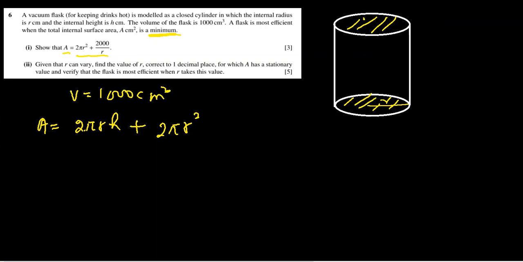Okay, so now we can see that what they want us to show, 2 pi r square, is already there.